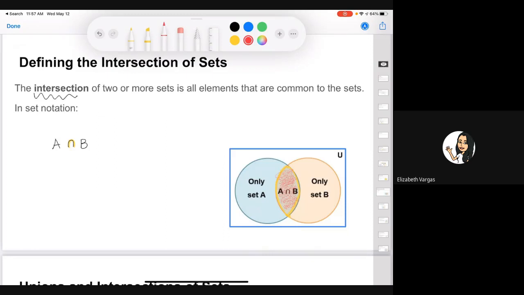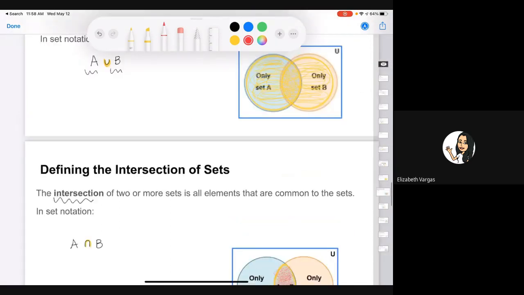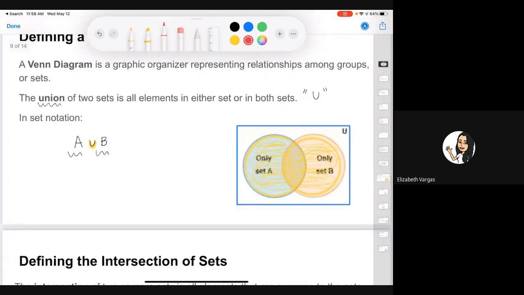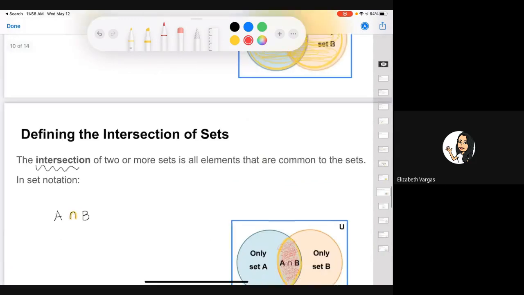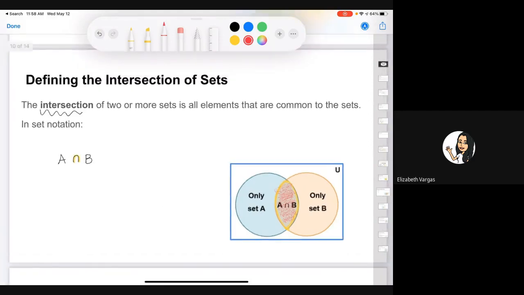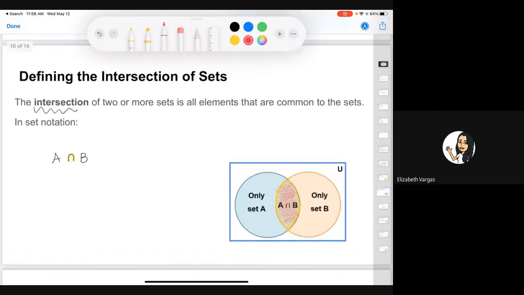So that centerpiece. Okay, questions about this? So union, a small lowercase u, and intersection, a small upside down u.